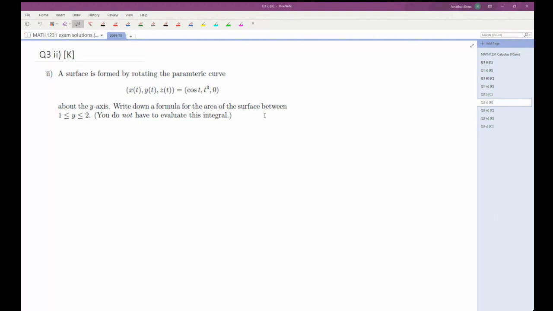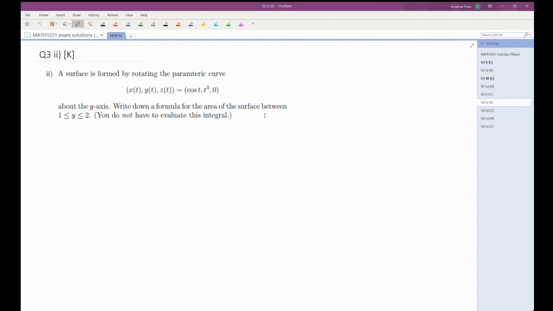The parametric curve is described in x, y, and z, but you can see the curve is actually just in the xy plane, because z of t is 0. So it's the same, but the way it's written is slightly different, and you need to be able to deal with that slight difference in the way it's expressed.